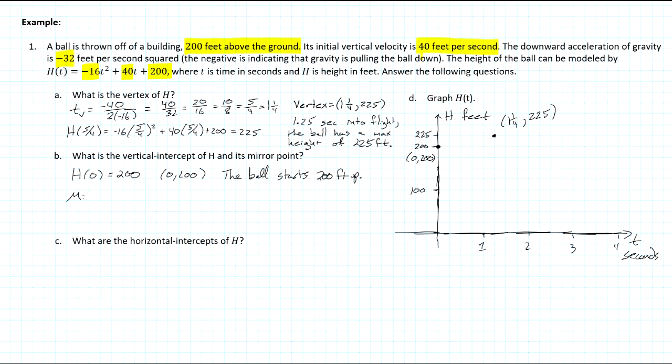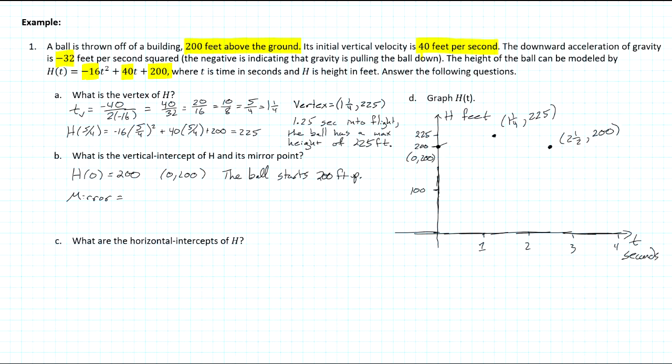Now its mirror is going to be over the axis of symmetry. We had 1 1/4, so if I do another 1 1/4, it's going to put us to this point. This is at 2.5 seconds. That's a fraction. 2.5, comma 200.